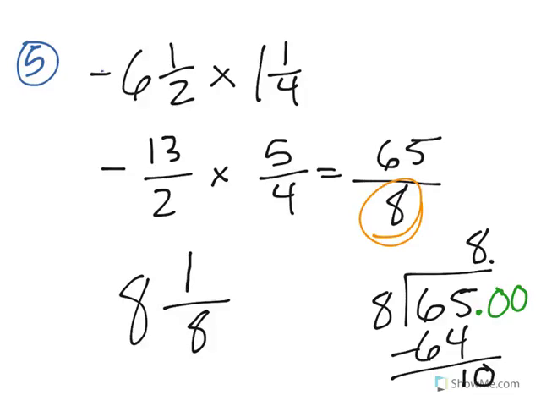So it's 8 1/8. Now we need to remember that since we did multiply a negative and a positive over here, our answer should also be negative.